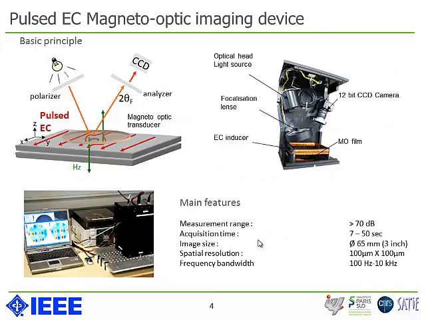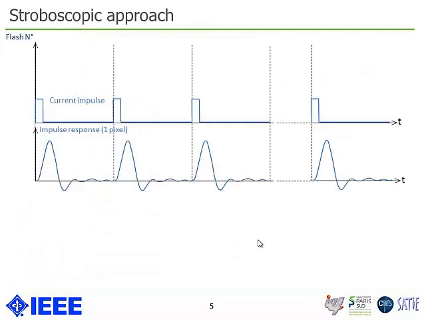Now, the problem is not as simple as that when you try to record an image, because it's not only an image that you want to record, but a sequence of images which are the two-dimensional time response to an eddy current impulse within the material. This is done thanks to a stroboscopic approach in which eddy current impulses are repeatedly induced in the material, and the magnetic field cartography is then repeatedly acquired by the camera.